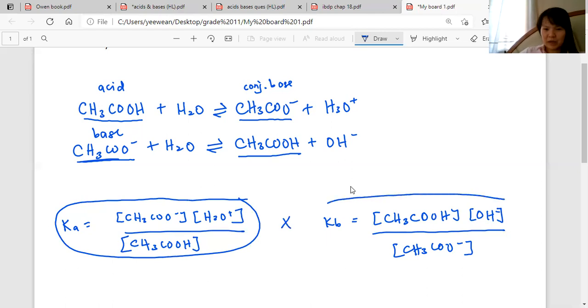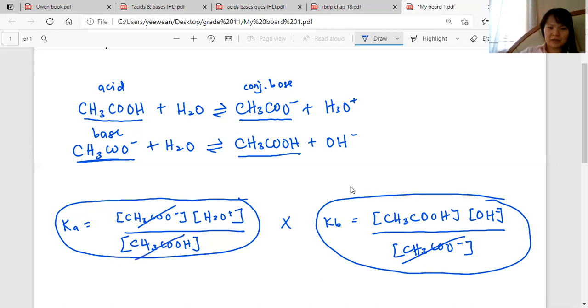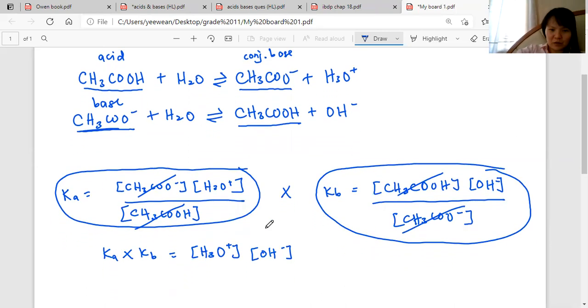Okay, if I take Ka multiplied by Kb, CH3COO minus cancels, CH3COOH cancels. So Ka times Kb equals H3O plus times OH minus, or remember H3O plus is equivalent to H plus, and OH minus.